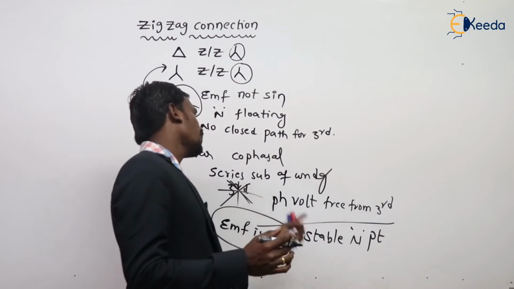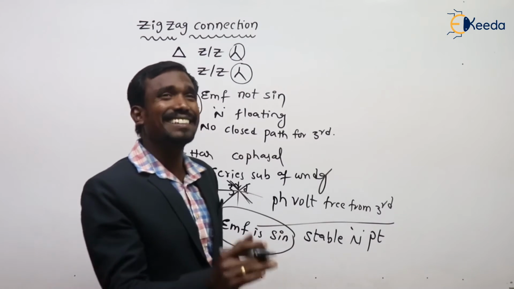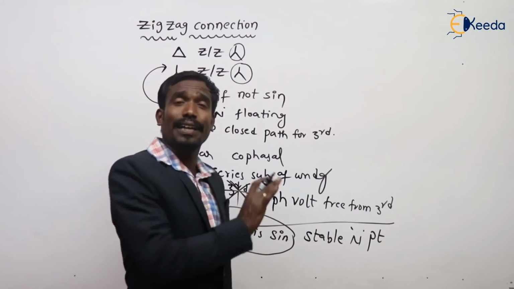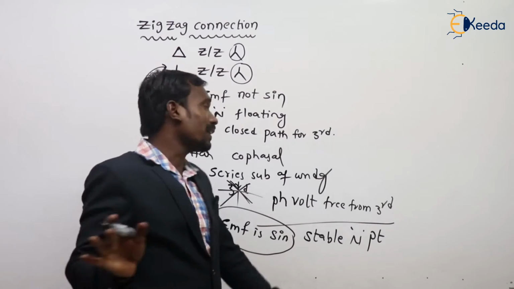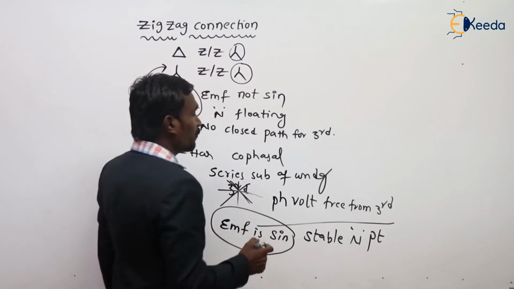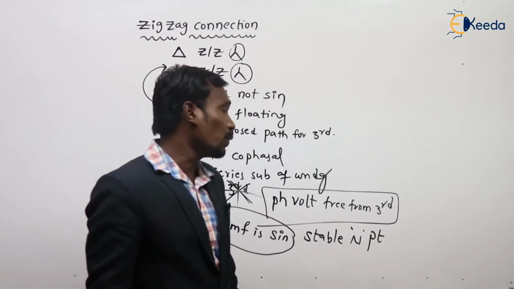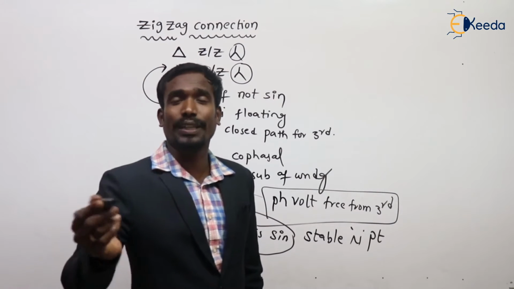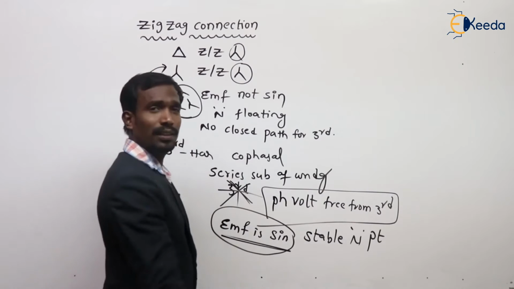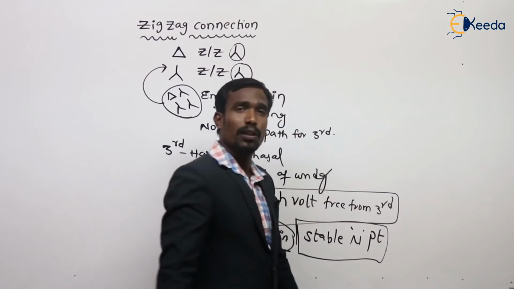In zigzag connections, we are providing series subtraction of windings. Due to this, the co-phasal third harmonic currents are eliminated, then the phase voltages are free from third harmonic currents. Hence, the EMF is sinusoidal and a stable neutral point is also possible.